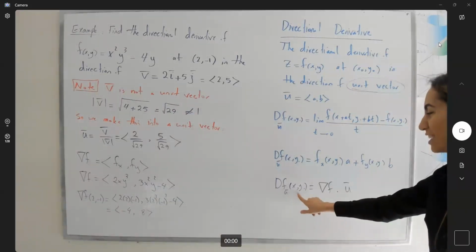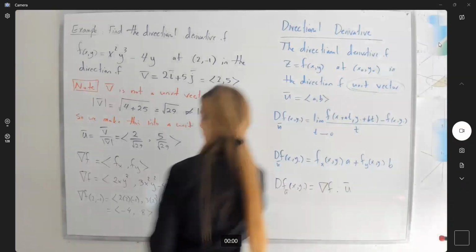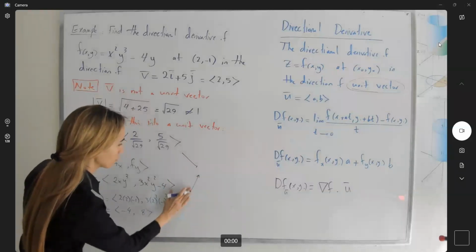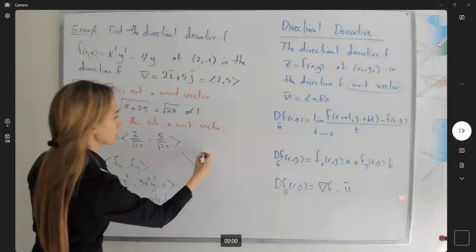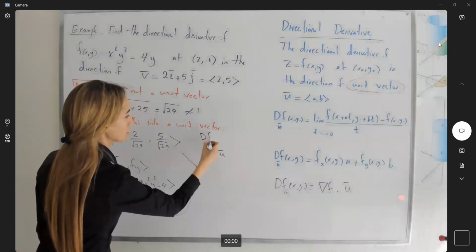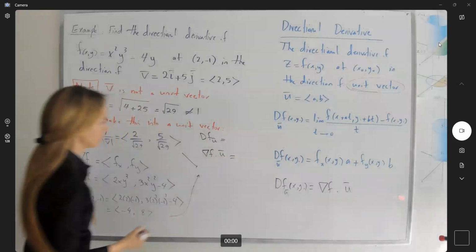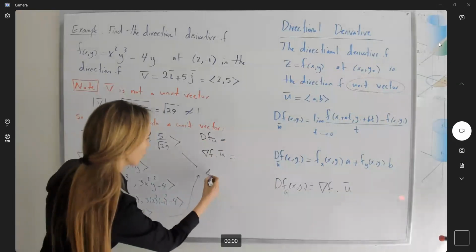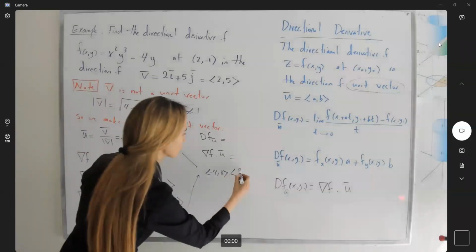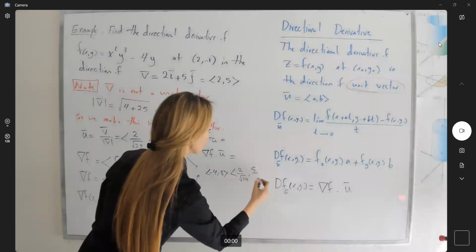you can follow the definition of the directional derivative of function f in the direction of unit vector u, which is just the dot product between these two. So the gradient of f dot u, which is the directional derivative of f in the direction of u, is equal to negative 4 and 8 dot product with 2 over the square root of 29 and 5 over the square root of 29.